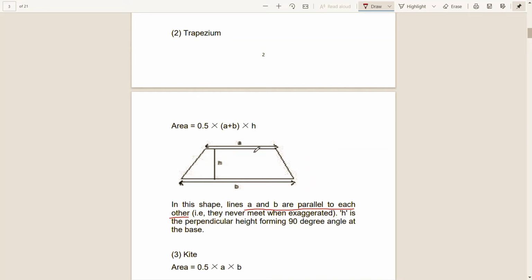So these are two parallel lines, A and B. And this H is the perpendicular height forming 90 degrees at the base or the ground. The area hence is 1 over 2 or 0.5 multiplied by the sum of the two parallel lines A and B, multiplied by the perpendicular height. Remember, it's the perpendicular height.